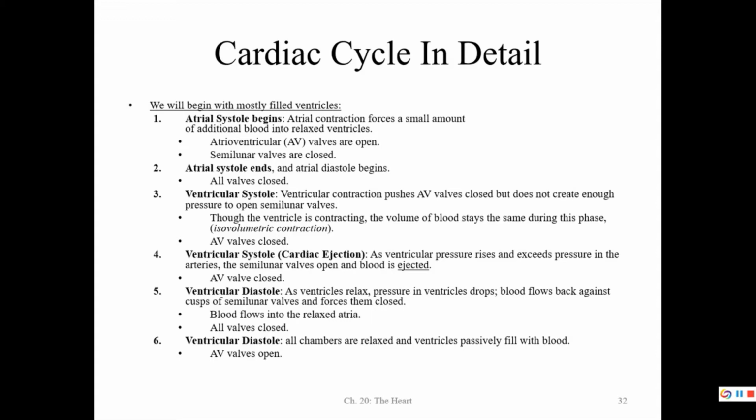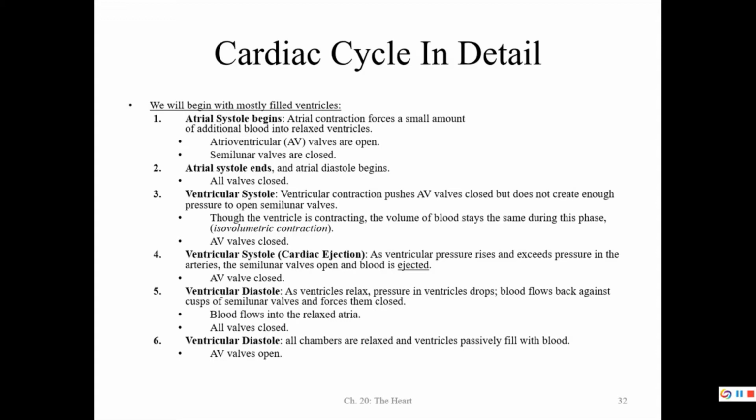Now, what is going to happen is we have this two-part subpart of ventricular systole. We have to understand that the ventricles are now as full as they are going to be. After atrial systole ends, the ventricles are as full as they're going to be.